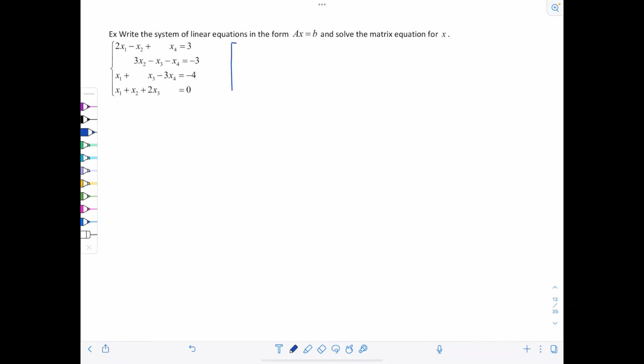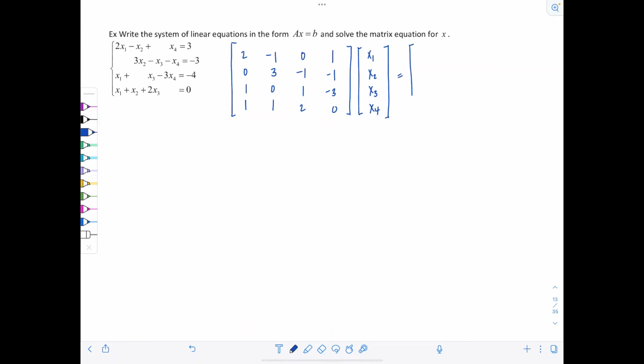So you would have coefficient matrix A, 2, 0, 1, 1, negative 1, 3, 0, 1, 0, negative 1, 1, 2, 1, negative 1, negative 3, 0, times x. So that would be x1, x2, x3, x4. We've got 4 variables, equals b, 3, negative 3, negative 4, 0. Okay, that's what we're solving.